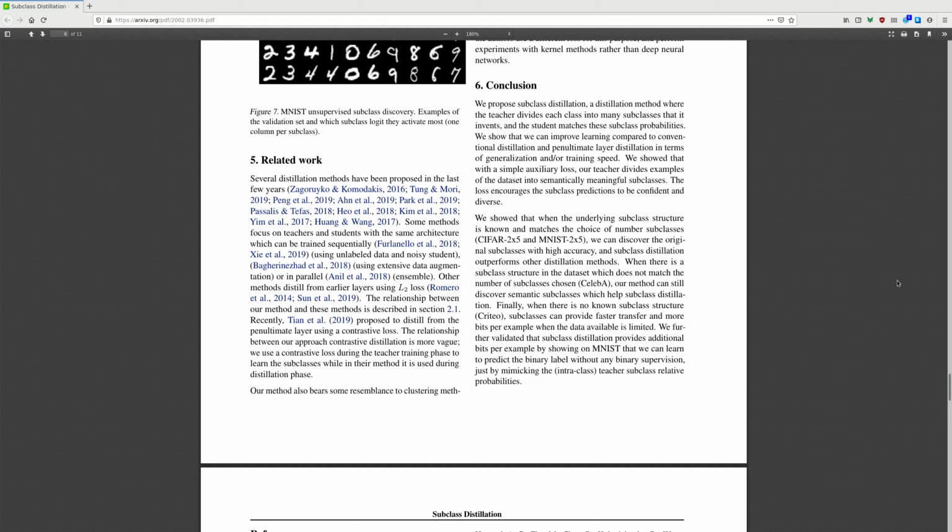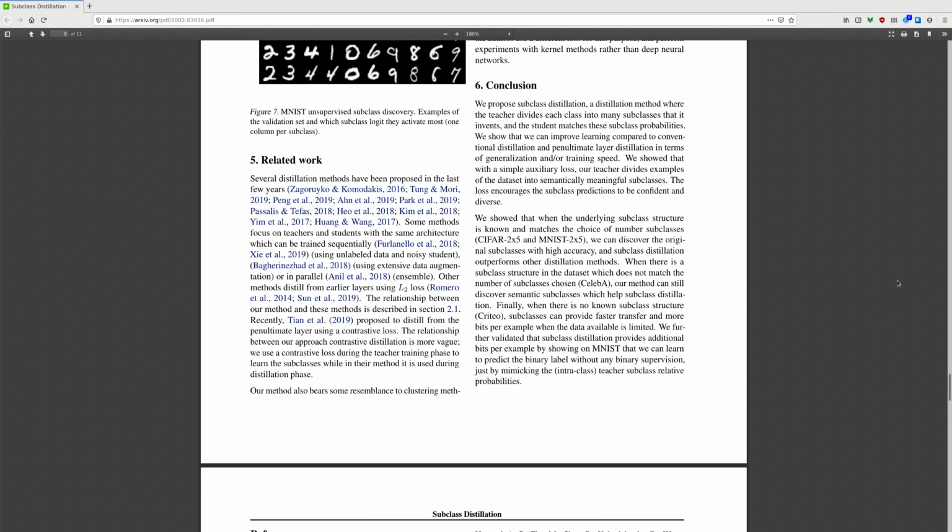We showed that when the underlying subclass structure is known and matches the choice of the number of subclasses, CIFAR-10 2 times 5, we discovered the original subclasses with high accuracy and subclass distillation outperforms other distillation methods. When there is a subclass structure in the dataset which does not match the number of subclasses chosen, as in CelebA, our method can still discover semantic subclasses which help subclass distillation.